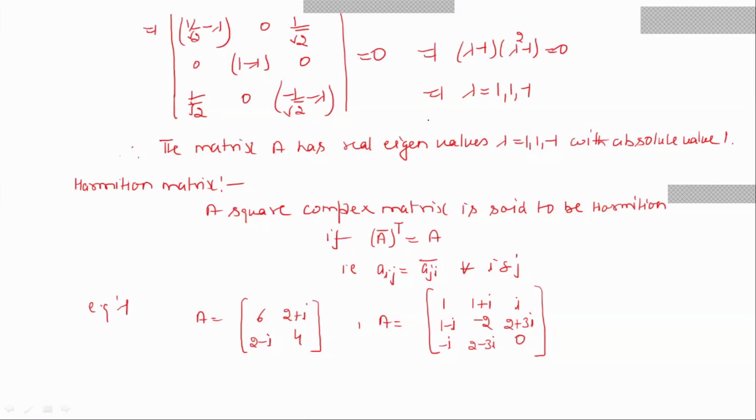This matrix has real eigenvalues, and if you calculate the absolute value, the magnitude of each eigenvalue, it is 1. So each eigenvalue has modulus equal to 1. That is the absolute value, so this is true here.